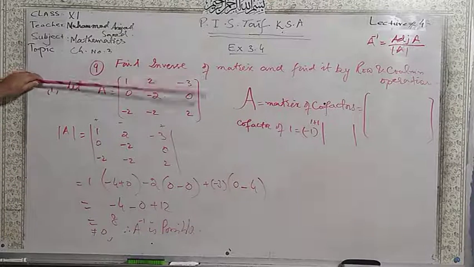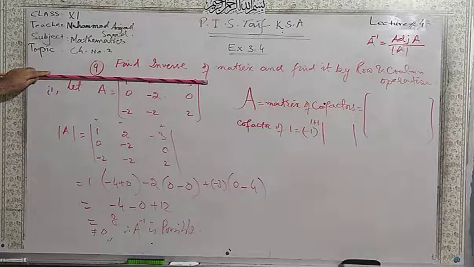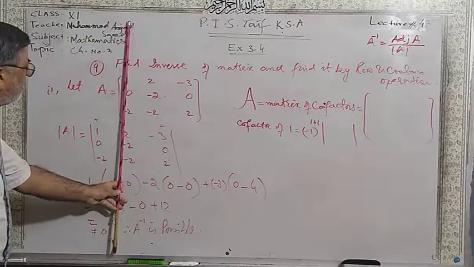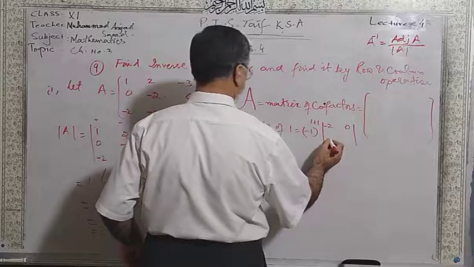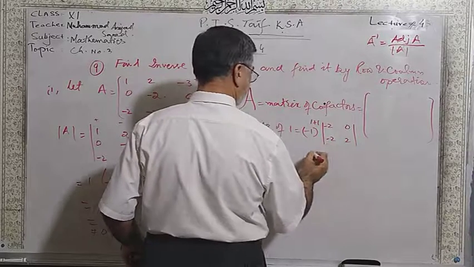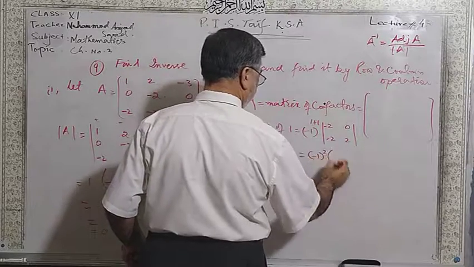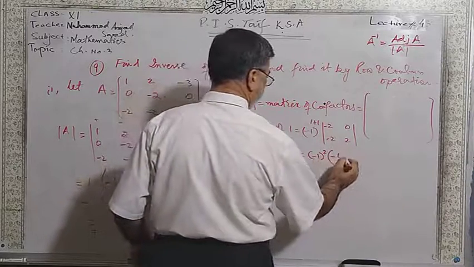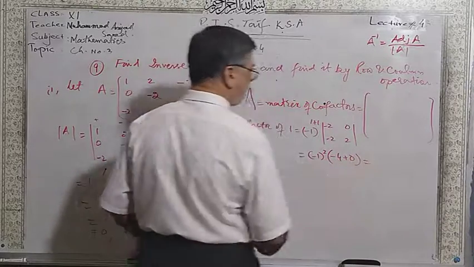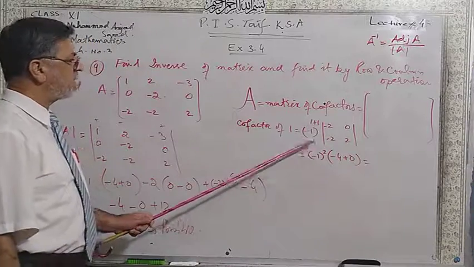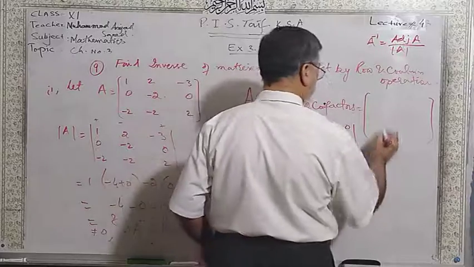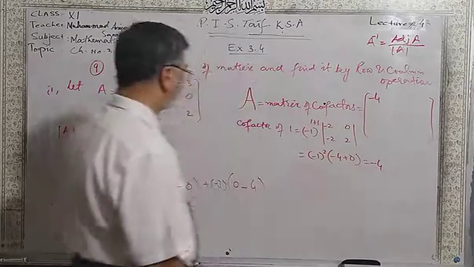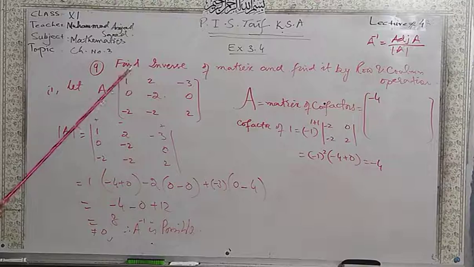Minor means remove this row of 1 and column of 1. We will have minus 2, 0, minus 2 and 2. Minus 1 power 2, that is minus 4 plus 0. Remember that minus 1 square is 1, here is minus 4. So the cofactor of 1 is minus 4.